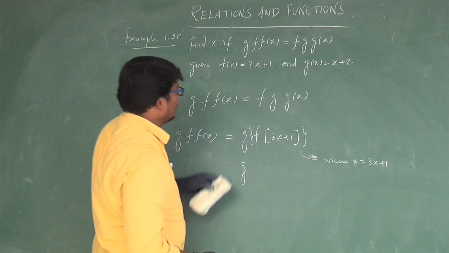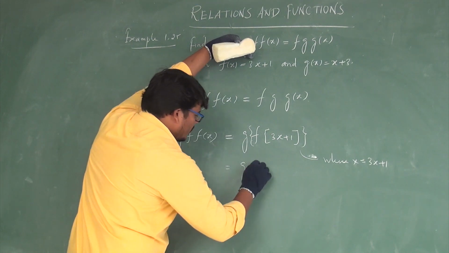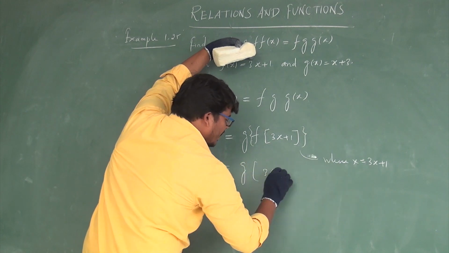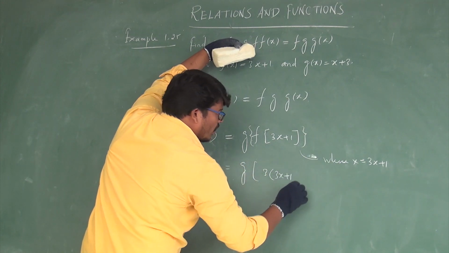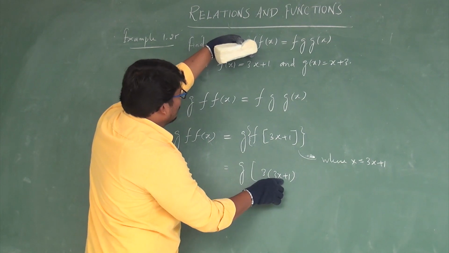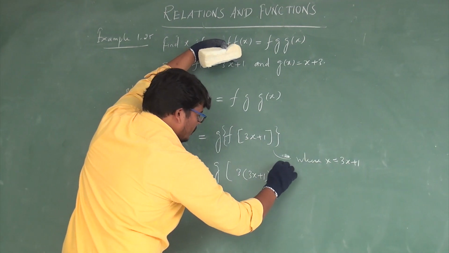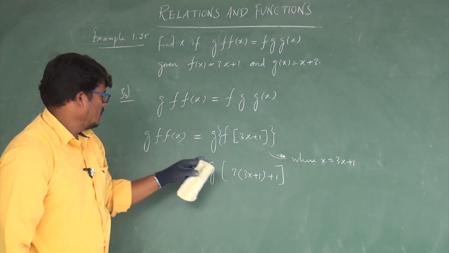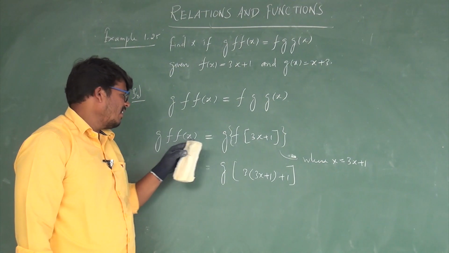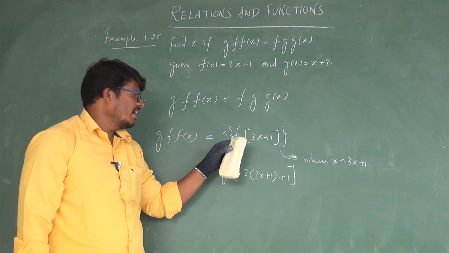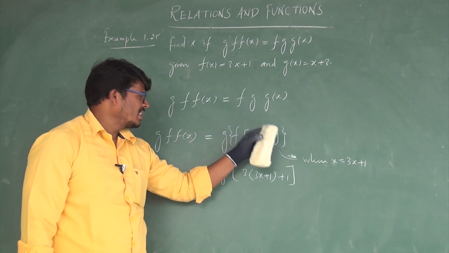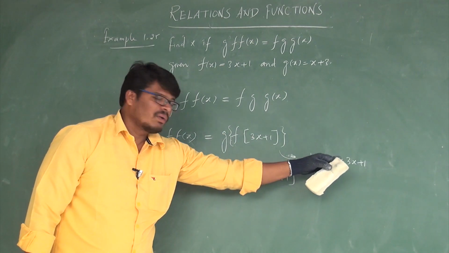Now substitute in f of x. f of x is 3 into (3x plus 1) plus 1. So g of f of x equals g of, the entire function is f of x, where x is 3x plus 1.